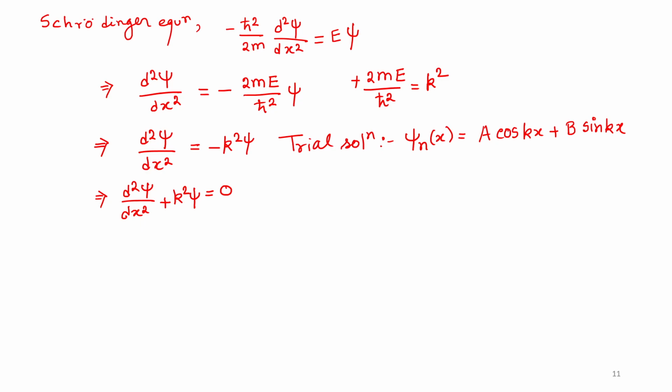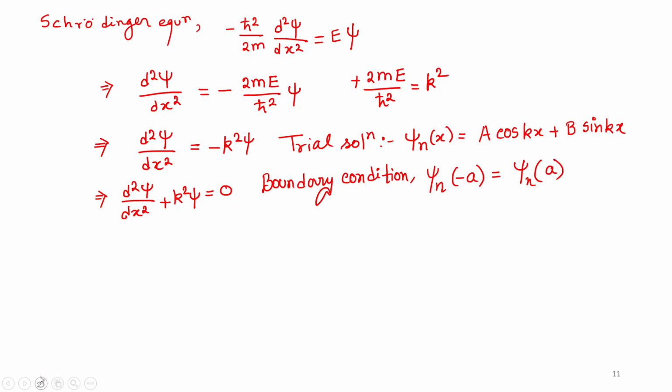But now my boundaries are changed, right? According to the boundary conditions, at the boundary my wave function is going to be 0, because of continuity. So my psi at minus a is going to be equal to psi at a, and both are 0.